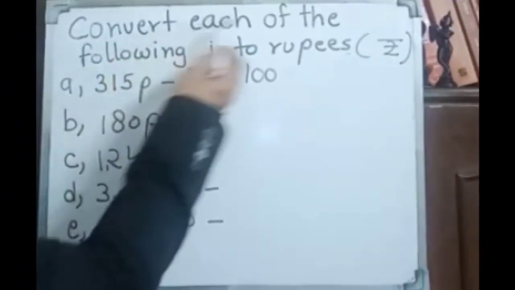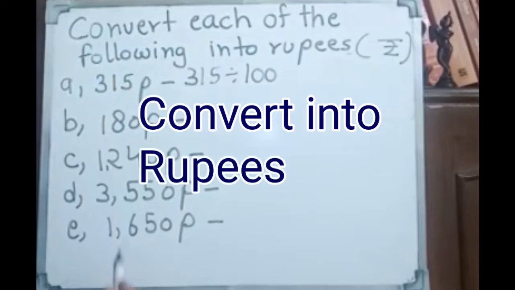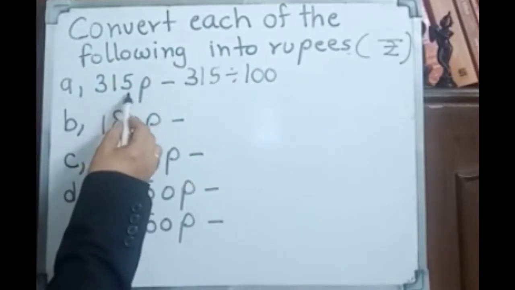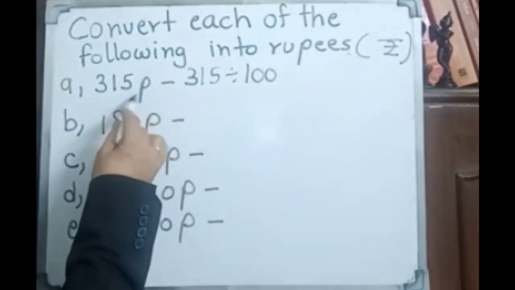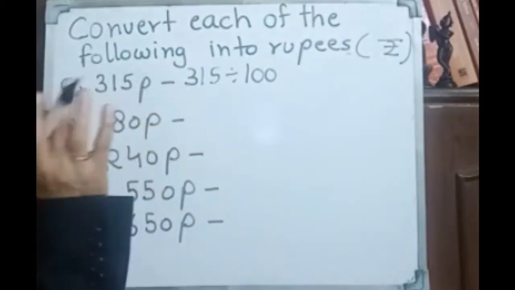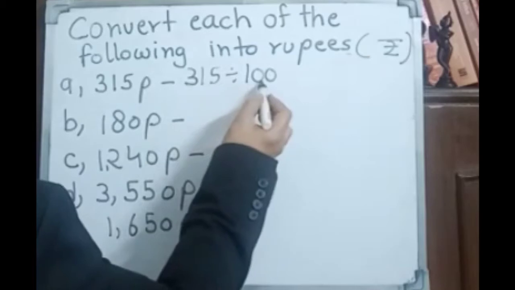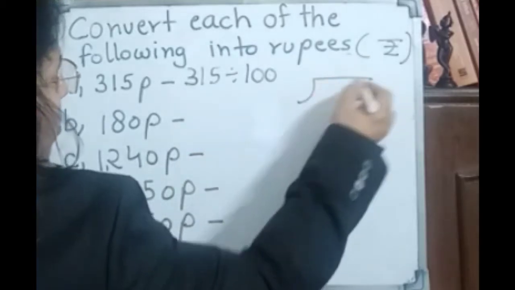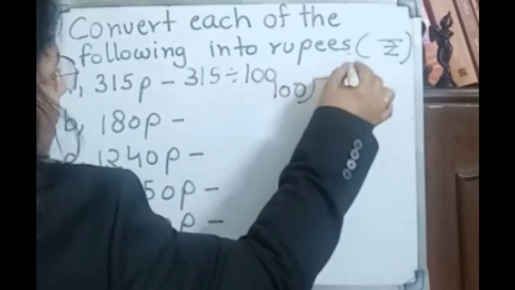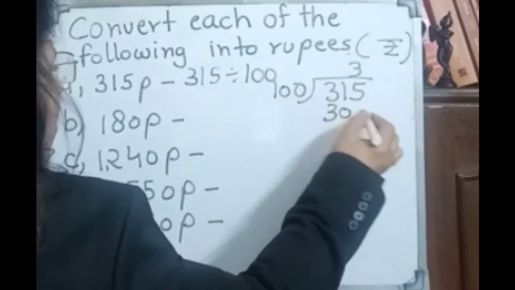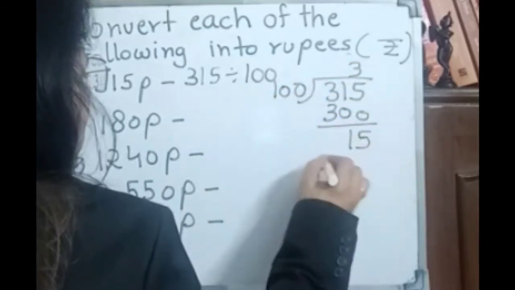Here we have to convert each of the following into rupees. 315 paisa. The symbol of rupees is this. Whenever we have to convert into rupees, the correct method is this: we have to divide 315 by 100. 100 threes are 300. Here we have 15 as remainder.